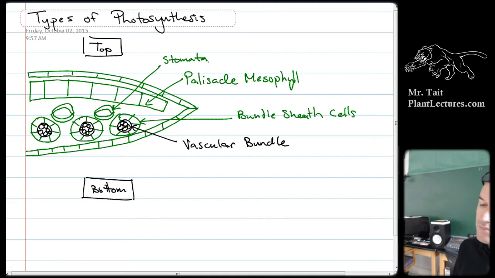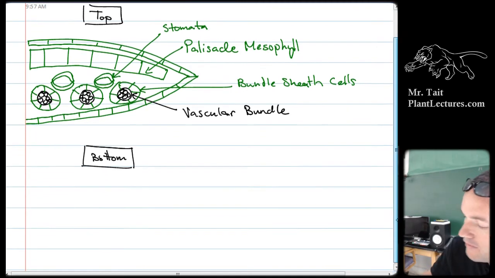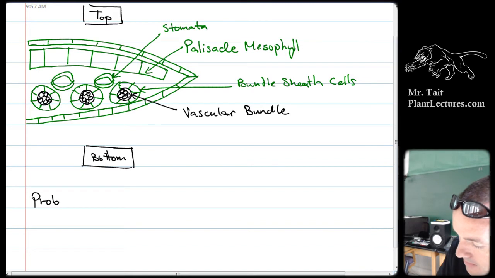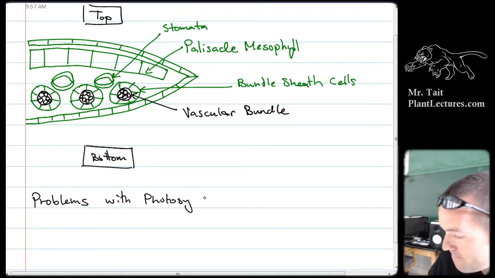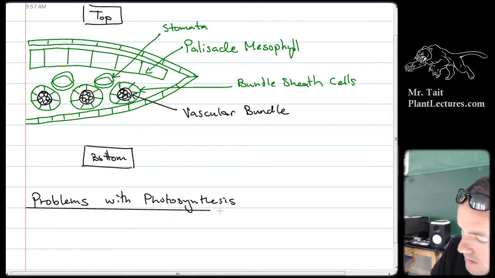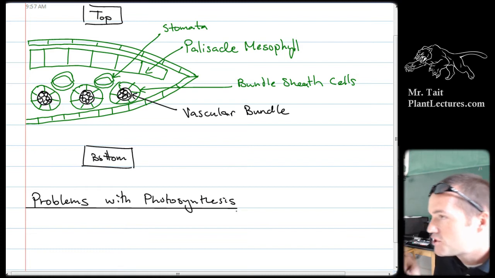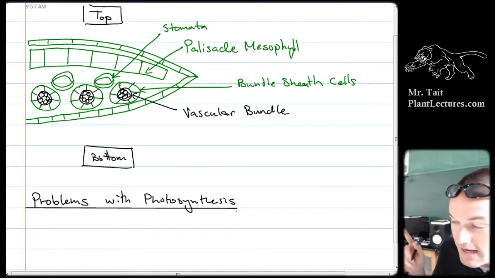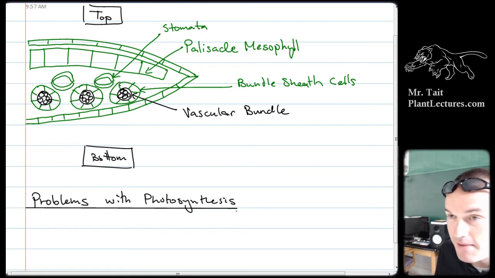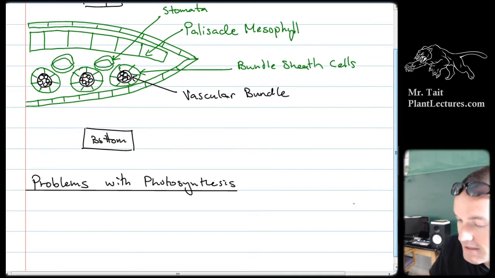Okay, so let's talk about the problems that photosynthesis has. We're going to refer back to this drawing a bunch. The biggest problem with photosynthesis is that the key enzyme for the Calvin cycle, which is rubisco, has a problem.